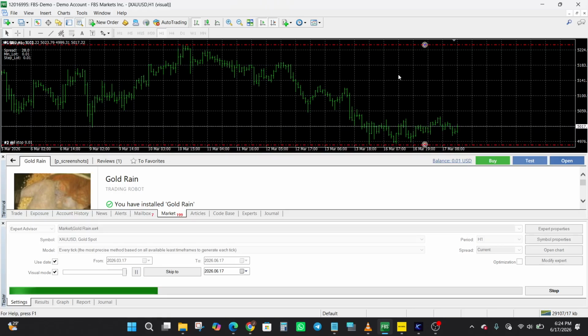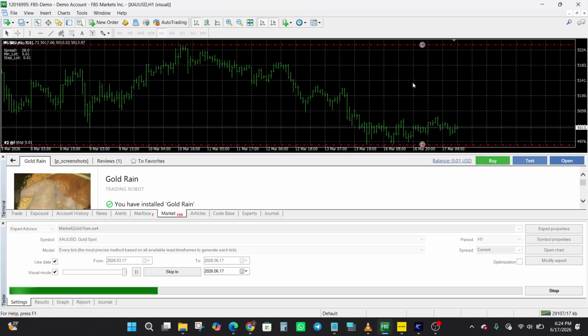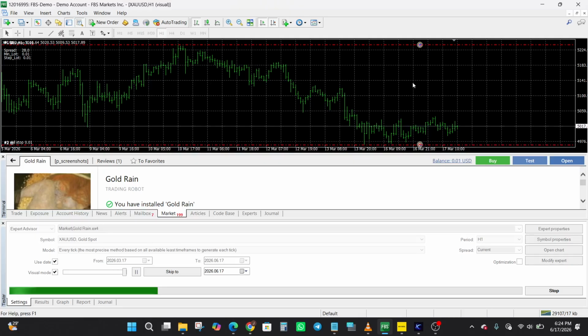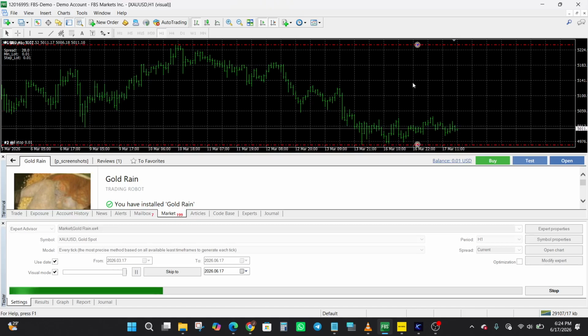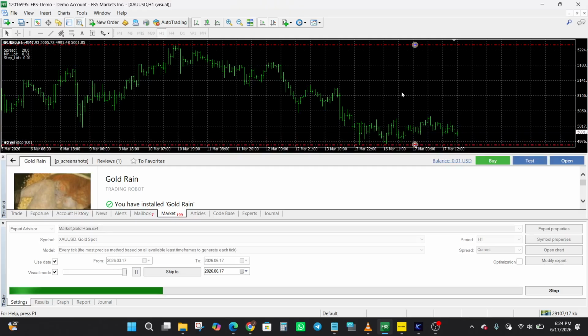So the EA is designed to identify strong price levels using its built-in indicator and then react when those levels are broken. Since the exact internal calculation of those levels is not disclosed, we can only evaluate the behavior through the historical trades and chart activity that we can see.